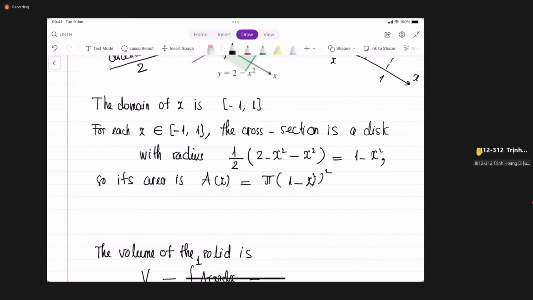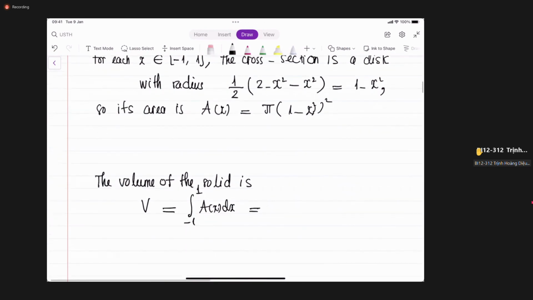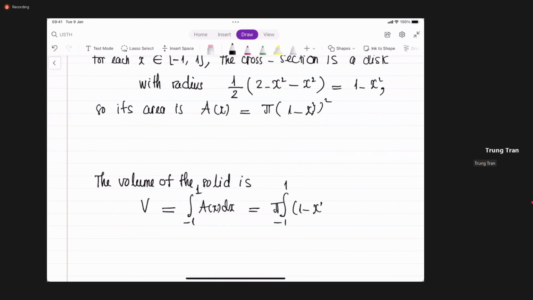Now we put together to obtain the formula for the volume: the integral from -1 to 1 of pi times (1 minus x squared) squared dx. And now what is the final result?